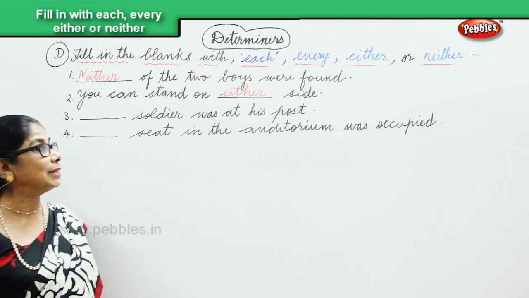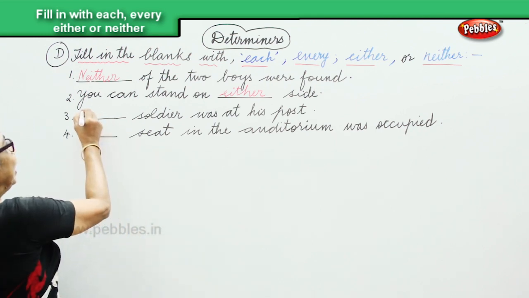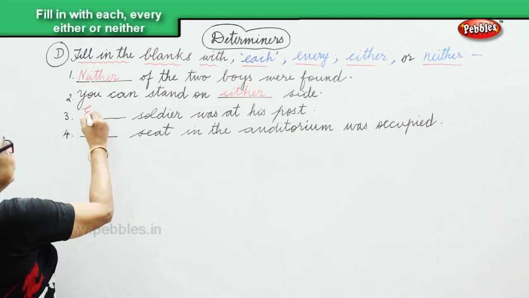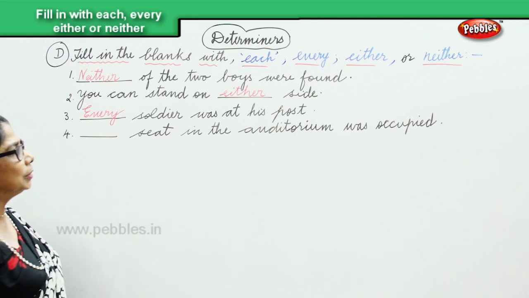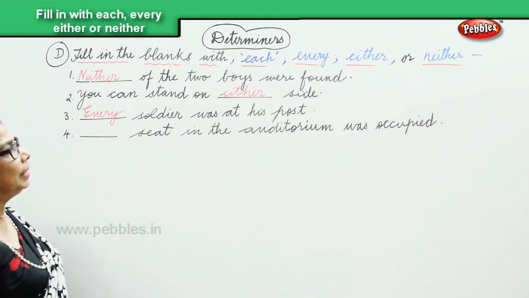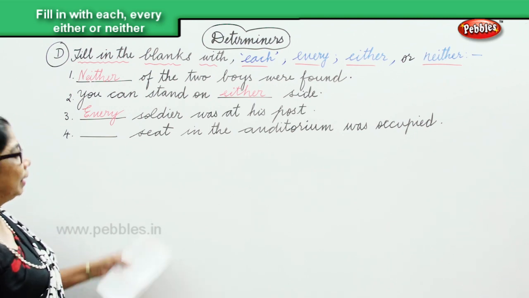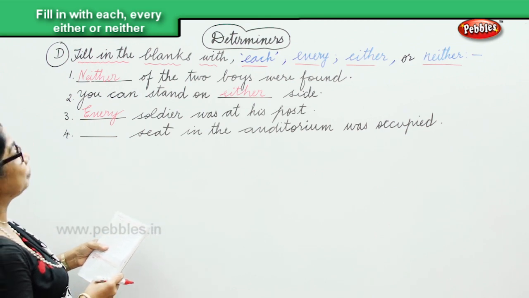Next, dash soldier was at his post. Every soldier. Very good. Every soldier was at his post. Dash seat in the auditorium was occupied. So, you can say the last one is every.